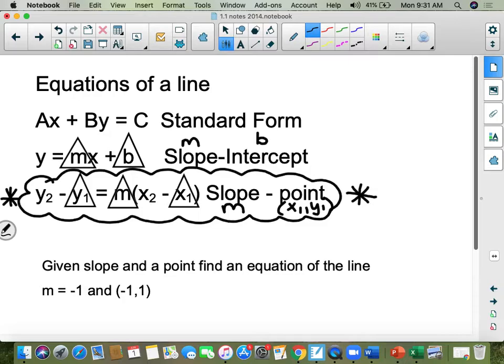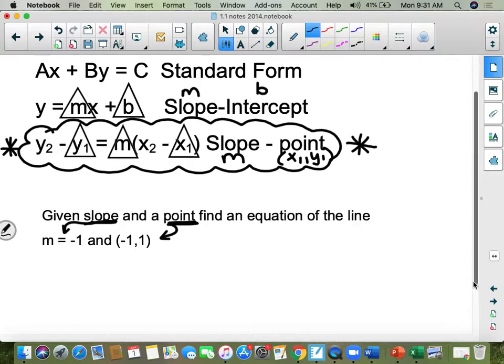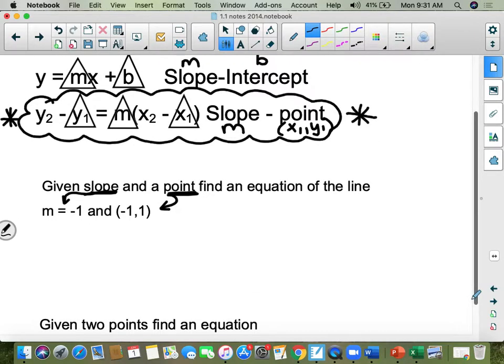So here we go. Here's the example. They give you the slope, m equals a negative 1, and they give you a point, which is a negative 1 and 1. So we're going to use the formula y minus y equals m(x minus x). I don't really fill in the little 1 and the little 1 over here.